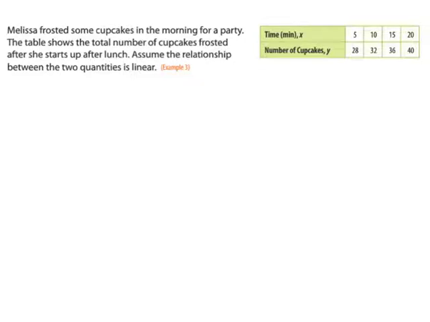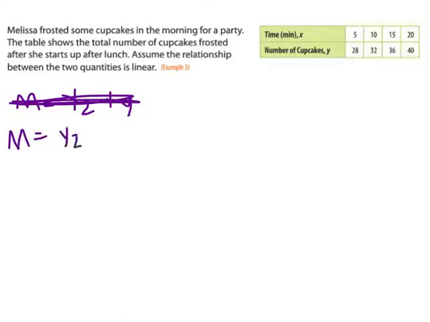Okay, this one is with a table. So Melissa frosted some cupcakes in the morning for a party. The table shows the total number of cupcakes frosted after she starts up after lunch. Assume the relationship between the two quantities is linear. So first we have to find our slope, which remember is y2 minus y1 over x2 minus x1.